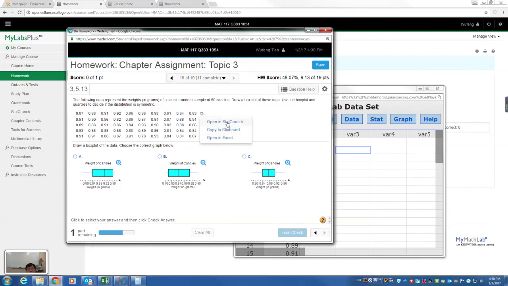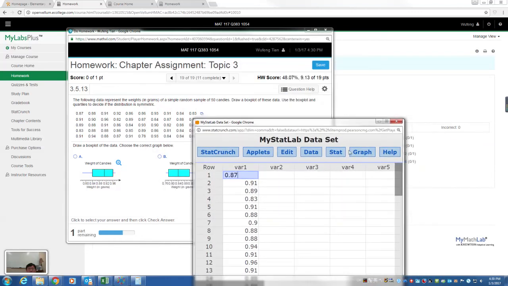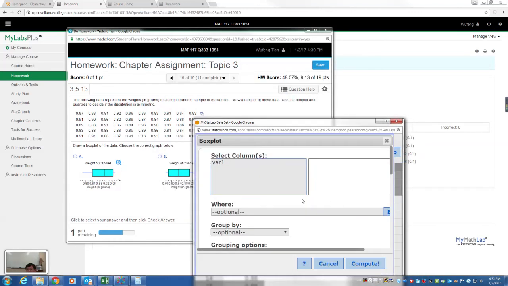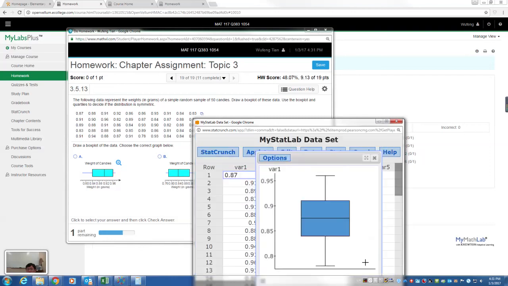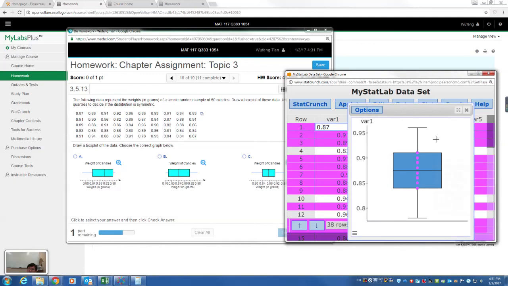Let me see. In StatCrunch, you can graph it, box plot, variable 1, compute. Okay, it's like this, but you have to do it another way around. But you can see it's this way. So it's going to be from 0.85 and kind of in the middle.